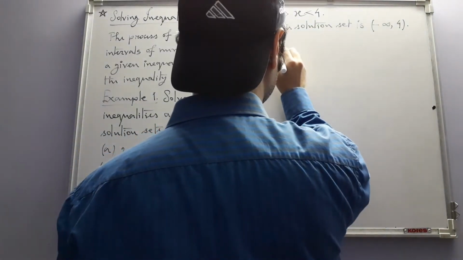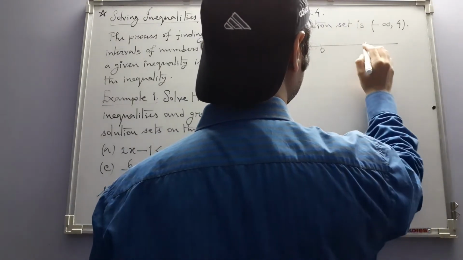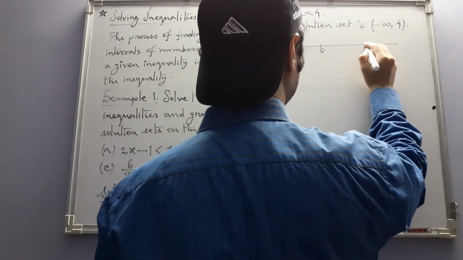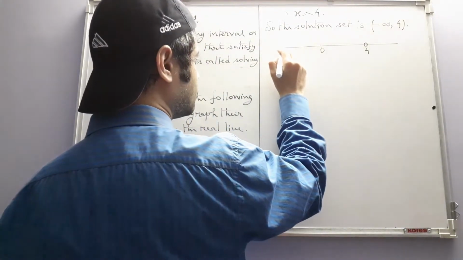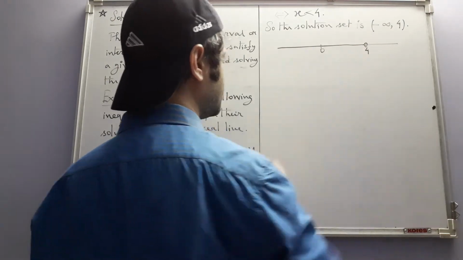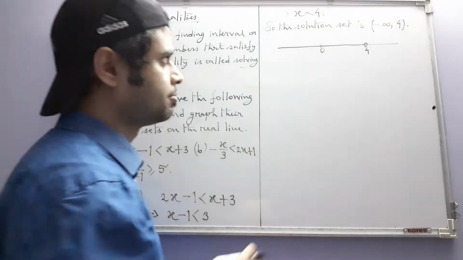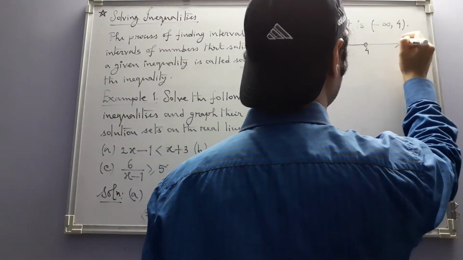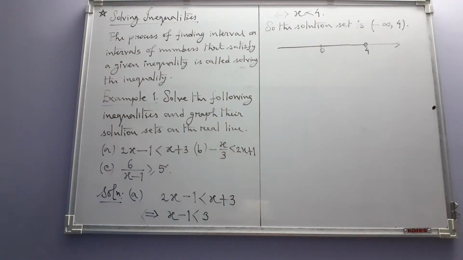And if you draw this solution on the real line, it will look like this. Say this is 4. So the solution set will be the ray which represents all the points that lie to the left of 4, not taking 4 itself. Okay, so this is the graph of the solution set on the real line.